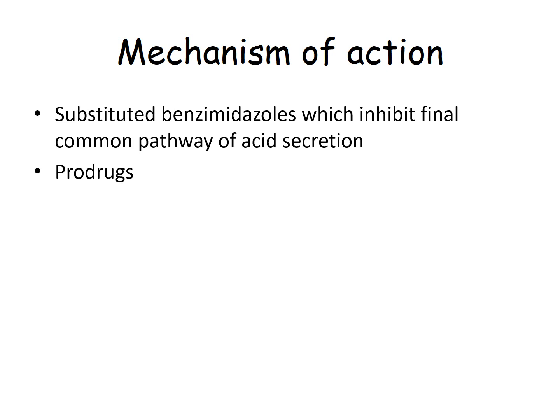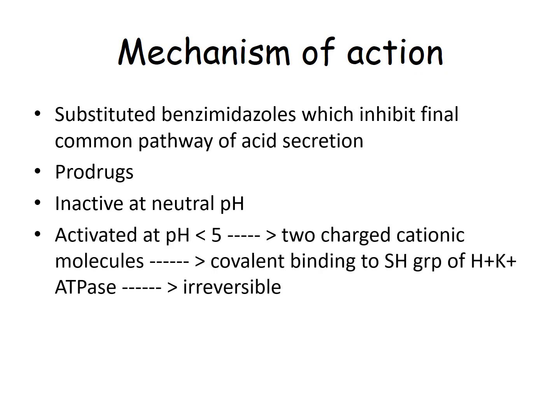All of the proton pump inhibitors are prodrugs, so they have to be activated in our body, and they are inactive at neutral pH. For activation of the prodrug, we need a pH less than 5.